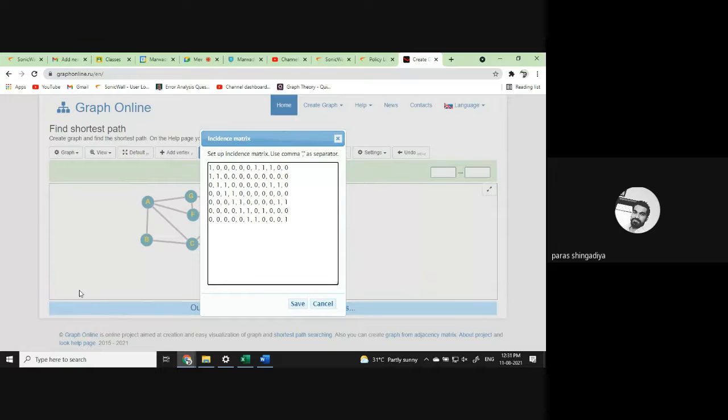The number of vertices is 8, as given, and the number of columns is more. So this is the matrix of this graph. And here you can see that each and every column has two times of 1. सभी column में 1 की entry 2 बार in this matrix. Clear?